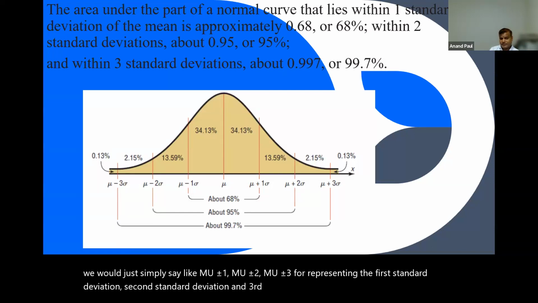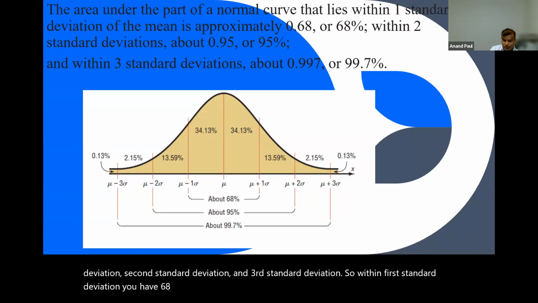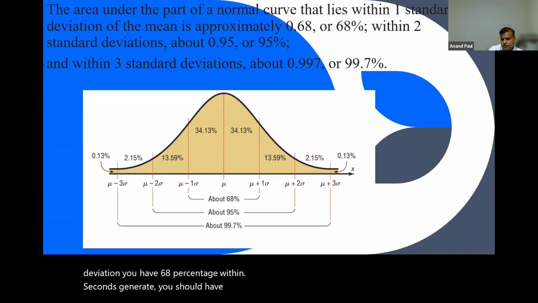So within the first standard deviation, you have 68%. Within the second standard deviation, you have 95%. And within the third standard deviation, you have 99.7%.